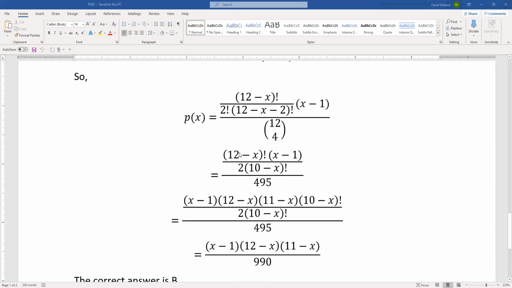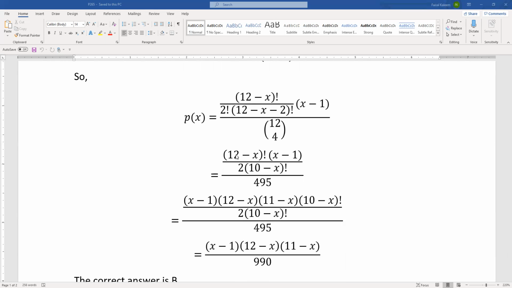And now we have a 12 minus x factorial on the top and a 10 minus x factorial on the bottom. And you know the way to do such a fraction is to open up the larger factorial till you get the expression in the smaller factorial. So I've now in the next step written the x minus 1 outside on the left.